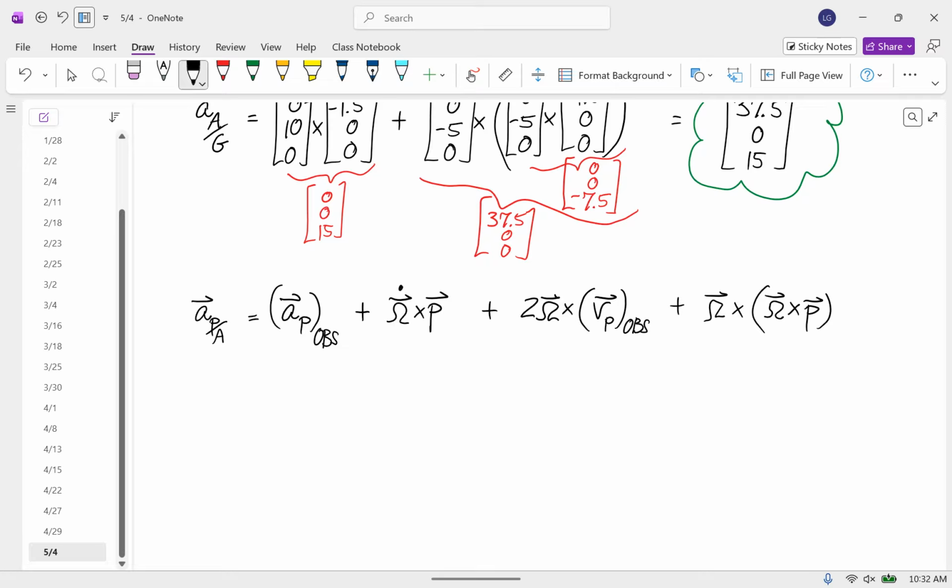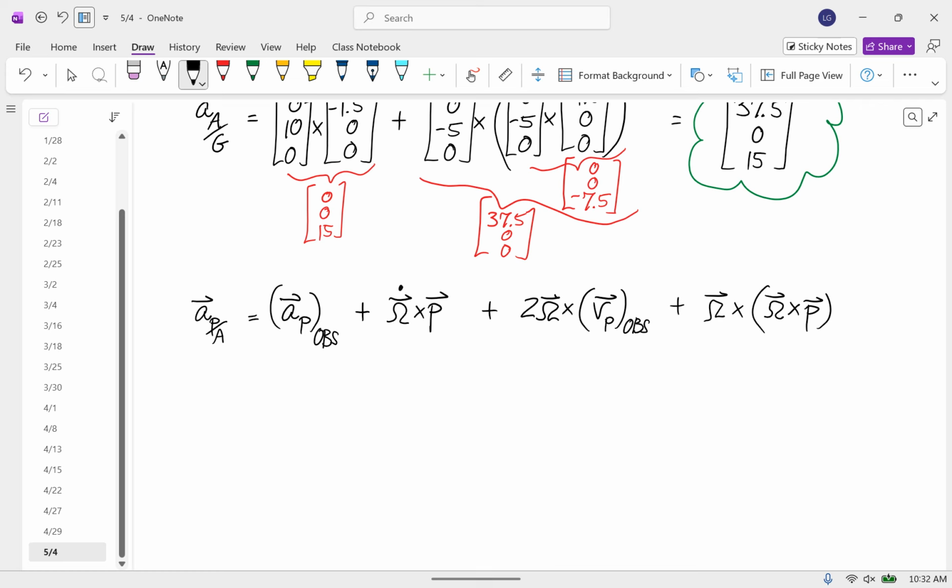Remember, what's the definition of the P vector? Origin to point of interest. So if either one of those changes, that P vector changes.